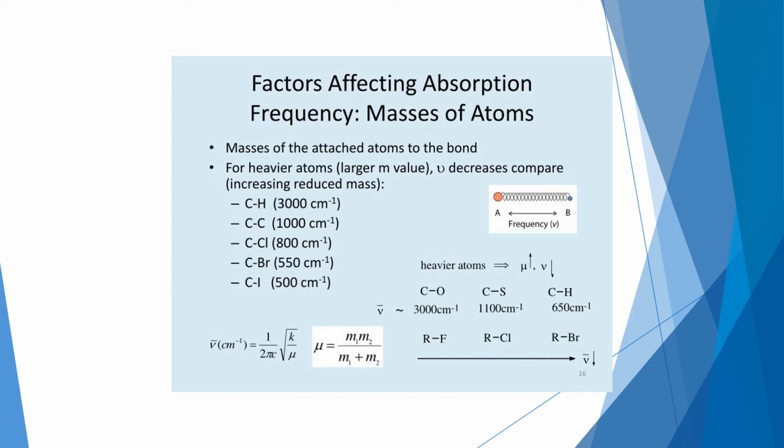So in this case we can see that the carbon and hydrogen bond has a lower reduced mass than the carbon and iodine bond. So it has a higher reduced mass and it has a lower reduced mass. So we can see that the higher reduced mass has a lower frequency and the lower reduced mass has a higher frequency.